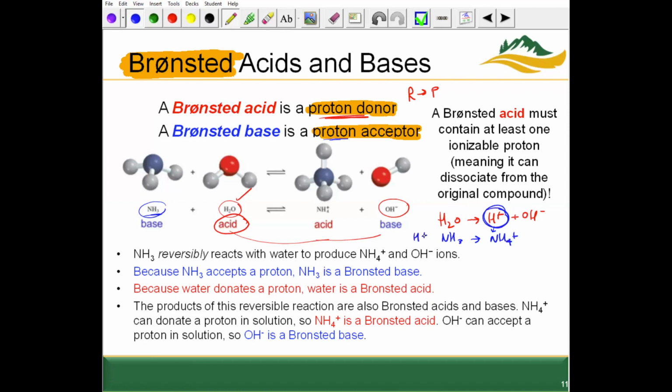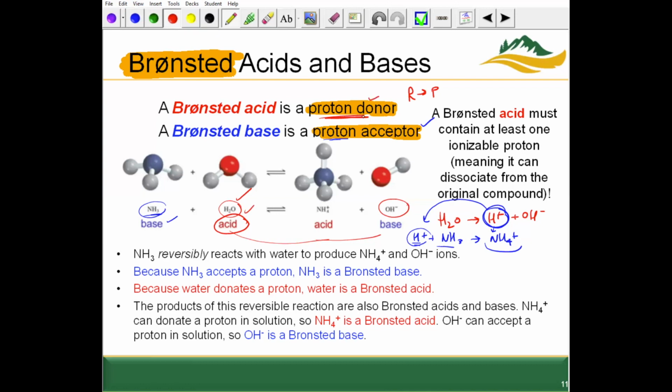We can think of it on the reactant side: H+ is a reactant from the water. That's what gave it this H+. So H+ plus NH3 yields this ammonium ion. So here's our Bronsted base, ammonia. It accepted a proton. Here's our Bronsted acid, water.